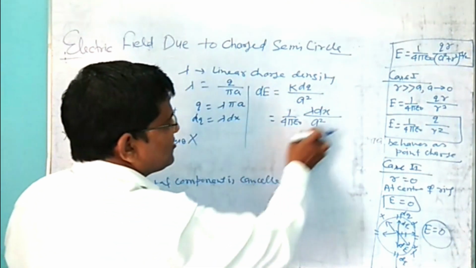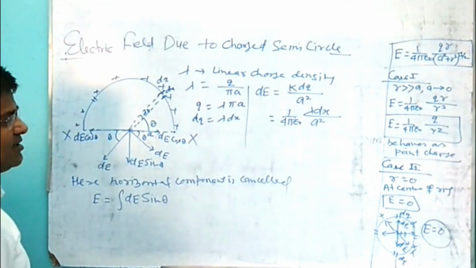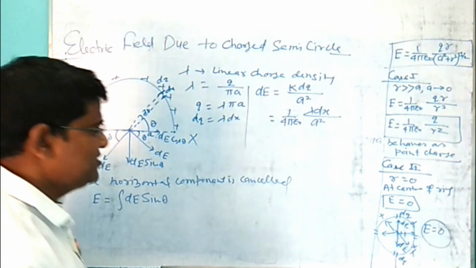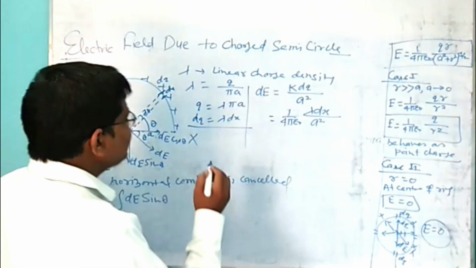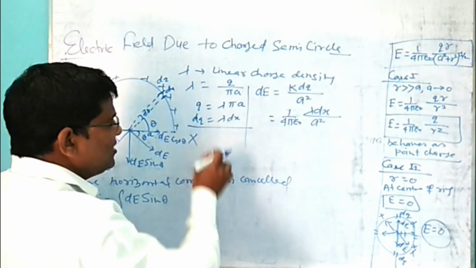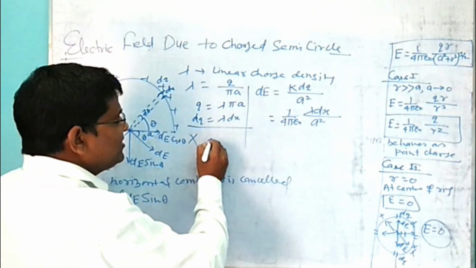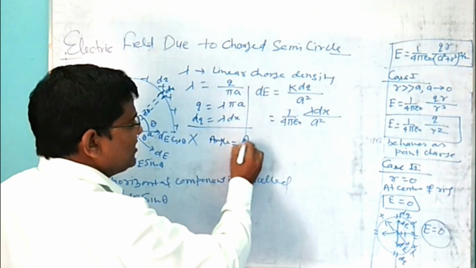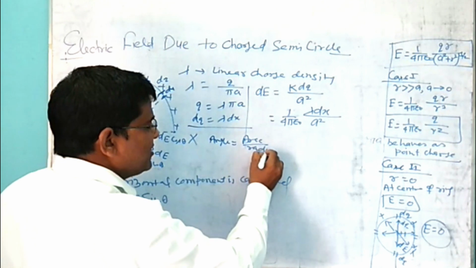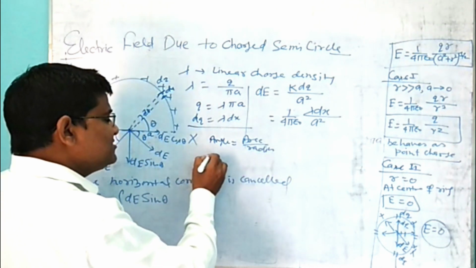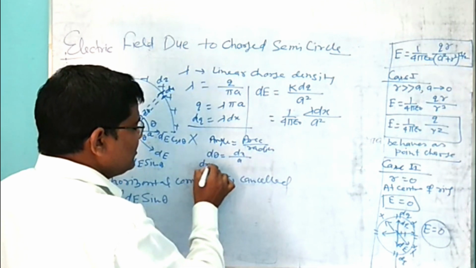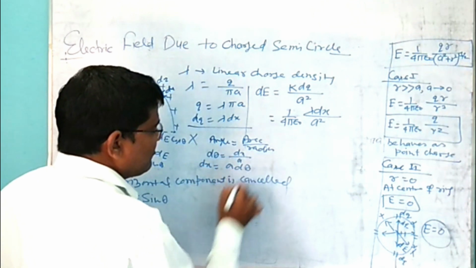Here all things are constant, only dx is not constant, dx is variable. And what does dx mean? Angle equal to arc by radius. The angle is d theta, the arc is dx, and the radius is a. Then dx equal to a d theta.